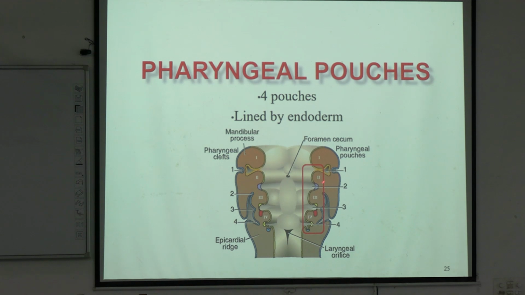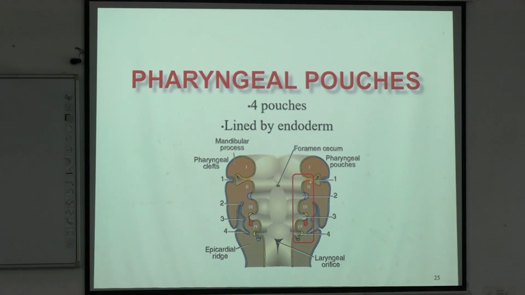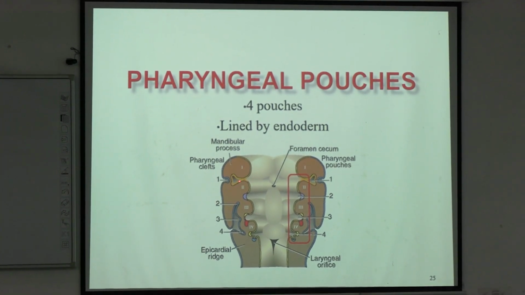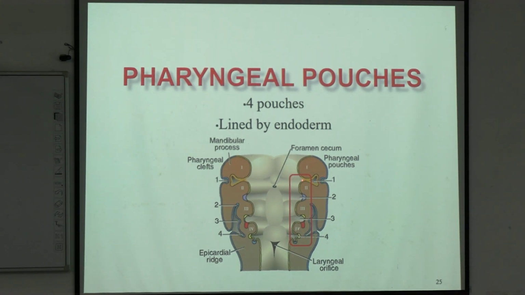So we take these 1, 2, 3, 4 and see what happens here. This is pharyngeal pouch number 1. You see that it has a dilated part over here and a narrow constricted part. If you zoom in, you will see that this part is dilated and this part is narrow.